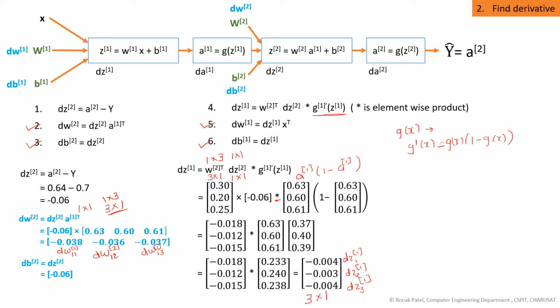Our purpose to calculate dz1 is to find out dW1. So how to find out dW1? So dW1 is dz1 into x transpose. Where we are taking transpose, that we'll see. Your dz1 is this 3 cross 1, and your small x, if you see that small x, that is your 3 cross 1, 0.63, 0.60, and 0.61.